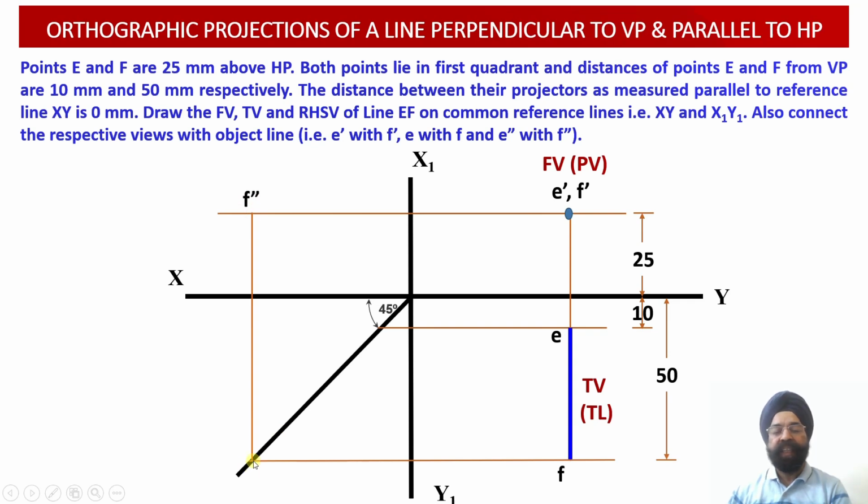in such a way that you need to draw a vertical projector line through the point F and bring it upwards till this vertical projector line intersects with the horizontal projection line which is emerging from the point F dash in the front view.